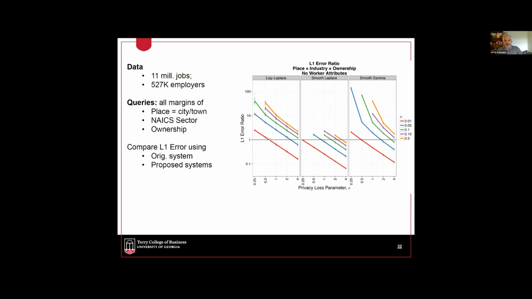However, as the degree of coarseness with which we're willing to allow adversaries to make inference increases, the quality deteriorates, and you need a greater degree of privacy loss, a greater epsilon, to counterbalance that. So there's a trade-off here between alpha and epsilon. The smooth Laplace, because it's an approximate method, tends to do better on all of these different measures.